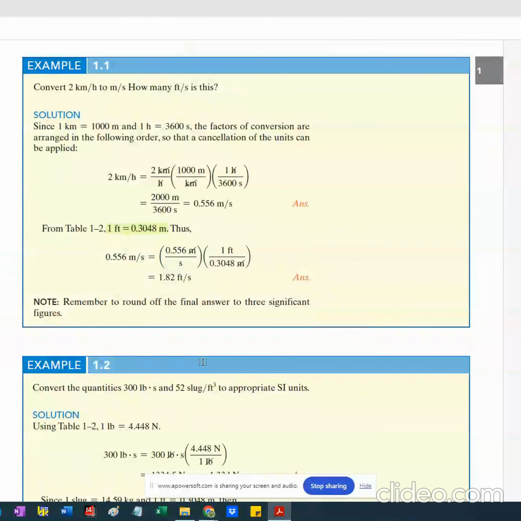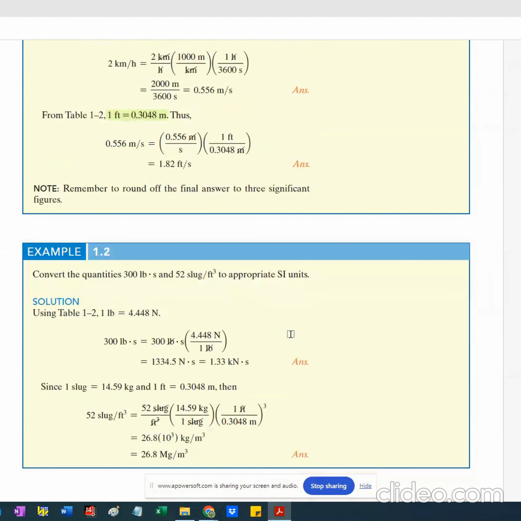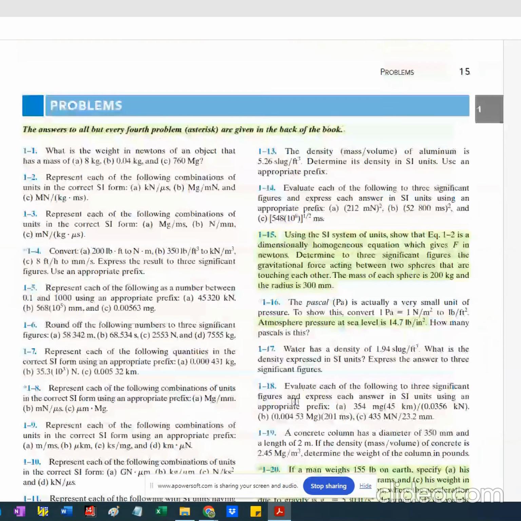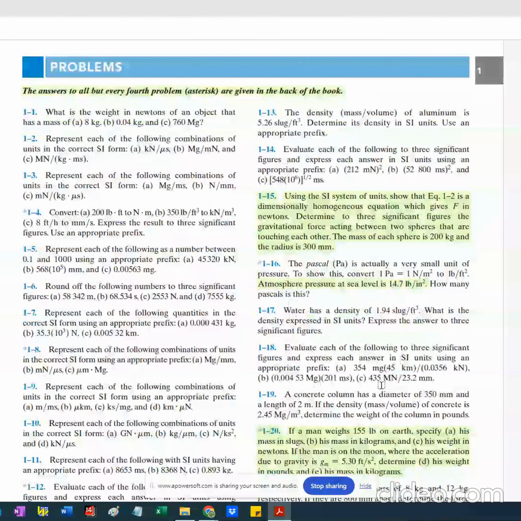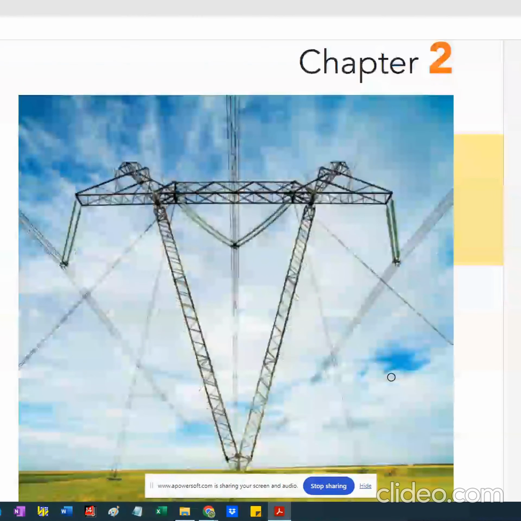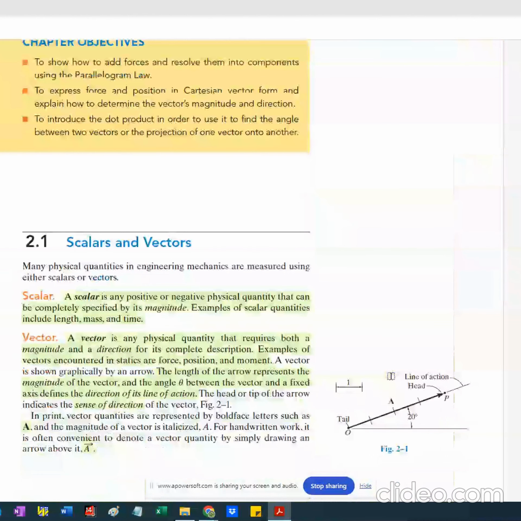There are some sample problems here, converting from kilometer per hour to meter per second, and then to foot per second, and then pound second squared per foot, that is slug per foot to the power 3, into SI units. I will be doing this as part of the more involved analysis. And as we will be meeting face to face, we're going to go over some problems.